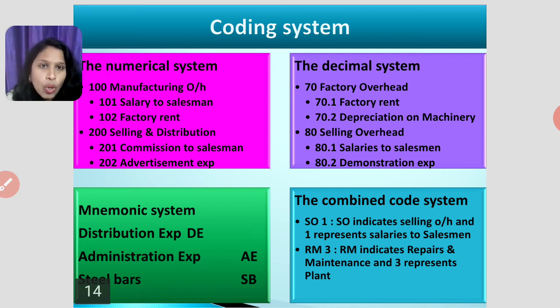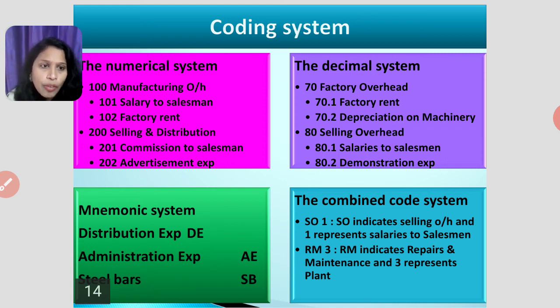Then SO2 is the code for another content, advertisement expenditure. Then SO3 means distribution expenses. So we assign the coding numbers. It's called alphanumeric as well as the combined code system.